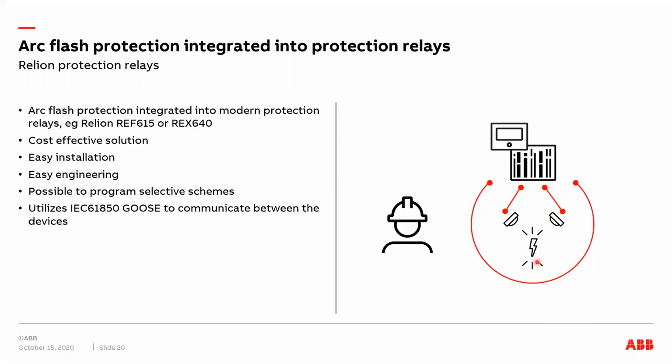In the integrated ARC flash protection into relays, you are also using the same philosophy as in the REA, that either you trip with only light or light and current criteria. The integrated ARC flash usually uses IEC 61850 GOOSE to communicate between the different devices.